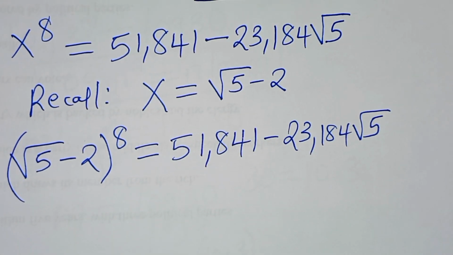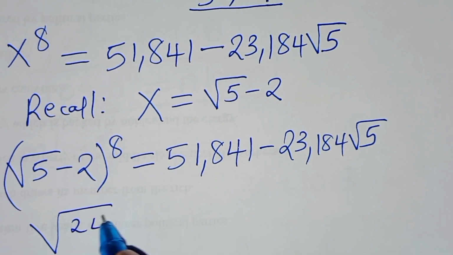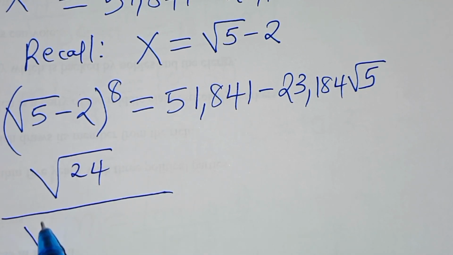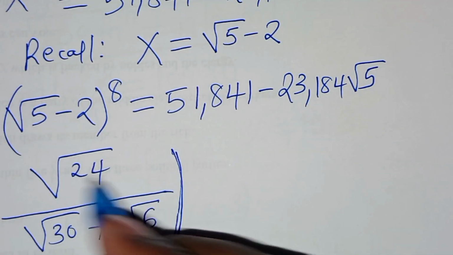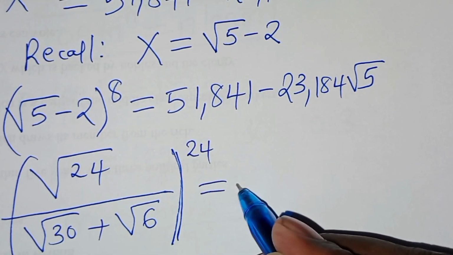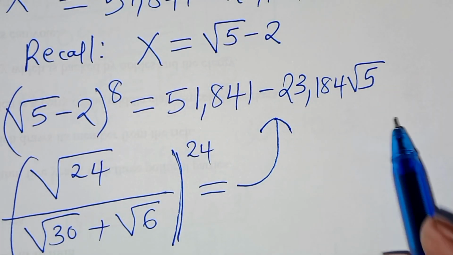And therefore, we have that the square root of 24 divided by square root of 30 plus square root of 6 raised to power 24 is equal to, now this is the final solution here.